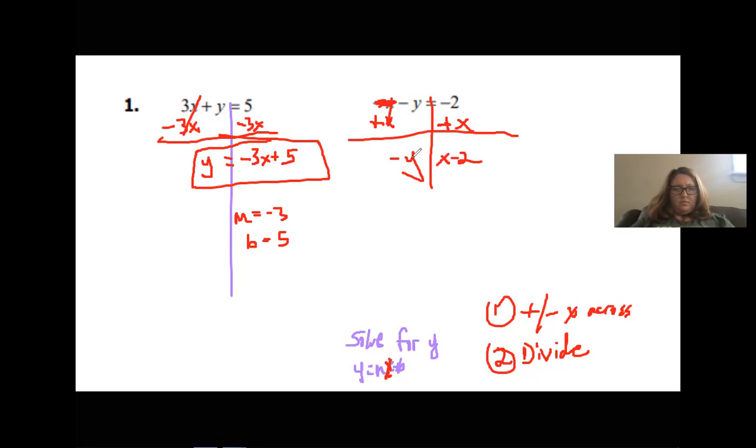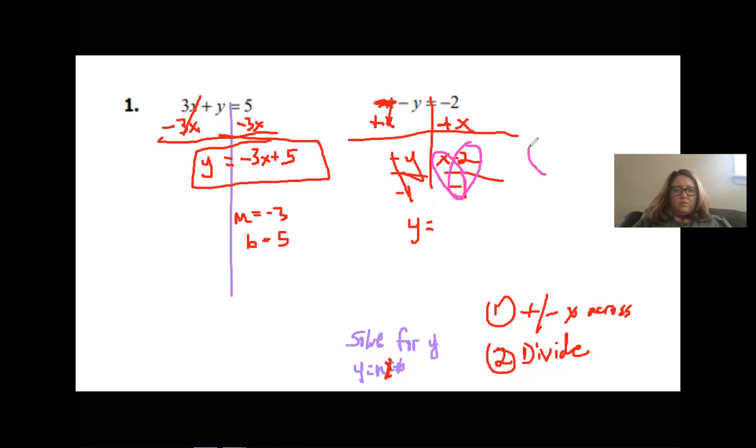Okay, now this is negative y. So here I'm going to divide out the coefficients. I'm going to divide both sides by negative 1. And that's going to cancel the negative out. So I've got positive y left over. On this one, what we say is we need to give both sides love. You know, which one am I dividing? We're going to divide both by -1. So we draw this heart.